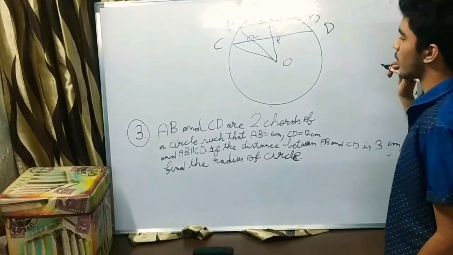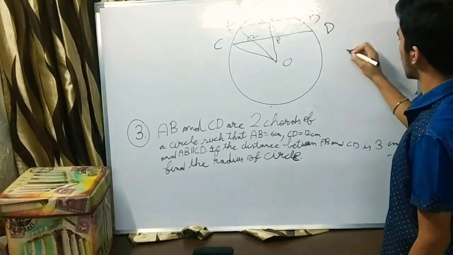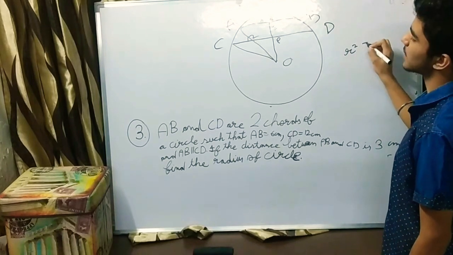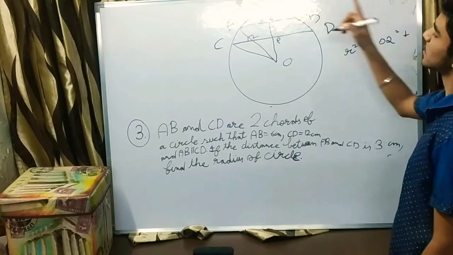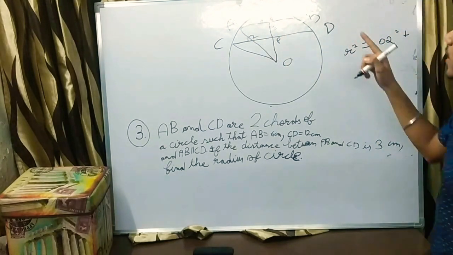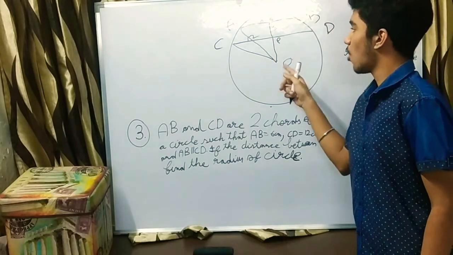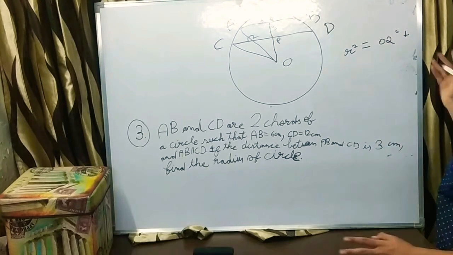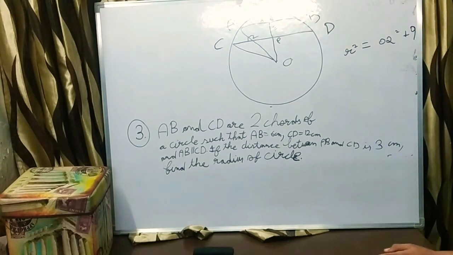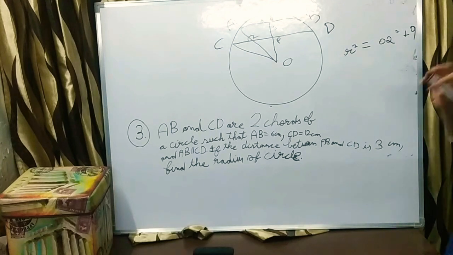By Pythagoras theorem, we can say that in triangle AOQ, radius square is equal to OQ square plus AQ square. AQ is 3 because it would be divided into half. So 6 would become 3 and 3 square would be 9. So r square is equal to OQ square plus 9.